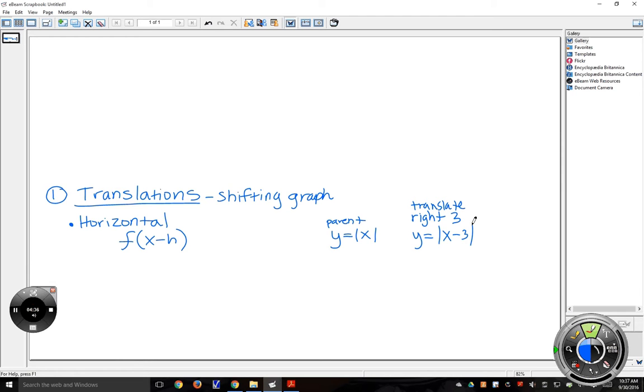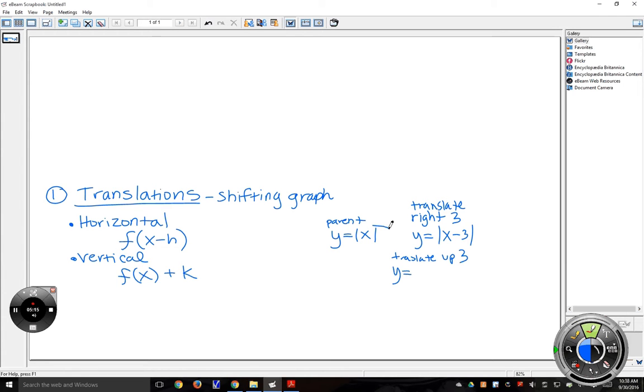Okay? So vertical translations mean you do the absolute value or the greatest integer or whatever it is like you normally do, and after you've calculated that part of it, then you add something to it. So we saw this in our investigation with absolute value as well. So if our parent function is still y equals the absolute value of x, but now we want to translate up 3, what would our new function look like?